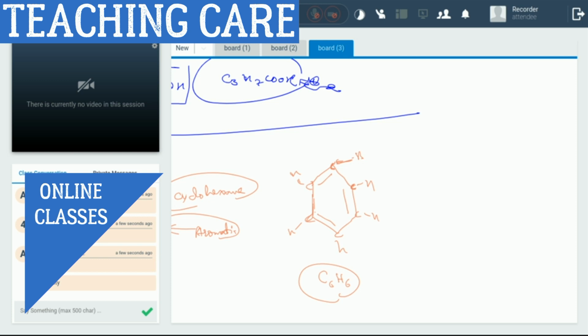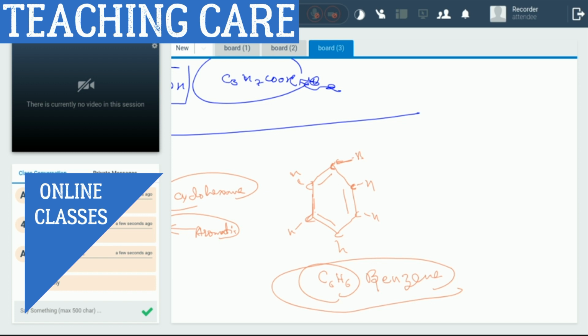Yes. So this is called the main aromatic compound. This is known as benzene. This is very common. When carbons are alternately arranged with double bonds, its formula becomes C6H6. Got it?